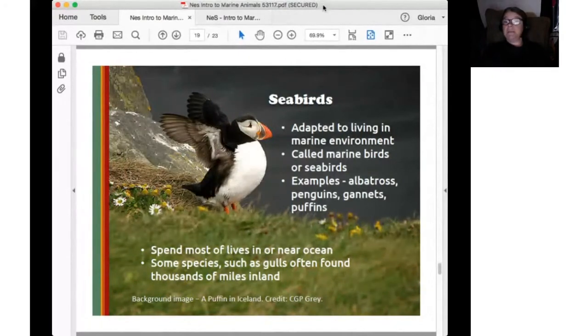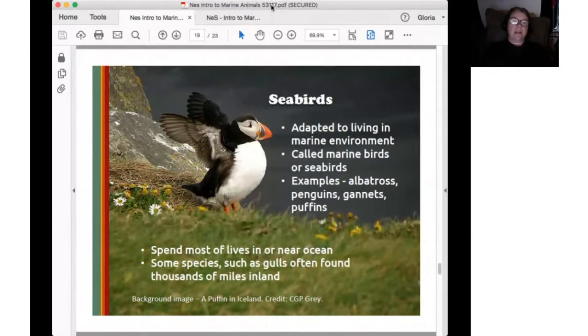Pelicans would be an example. Loons. I think loons are more freshwater, still lakes and ponds, but I could be wrong. There may be exceptions where they might stop off, like if they're migrating, to swim in the sea for a bit.